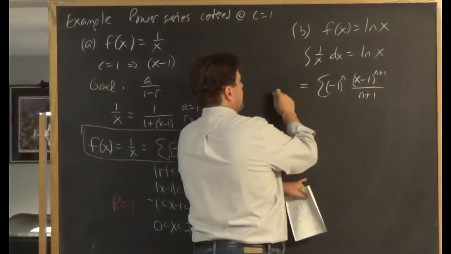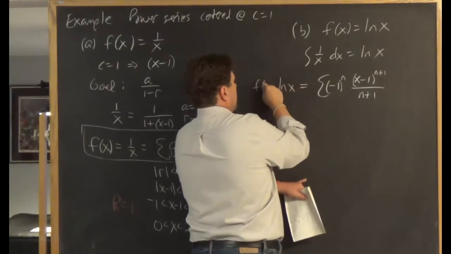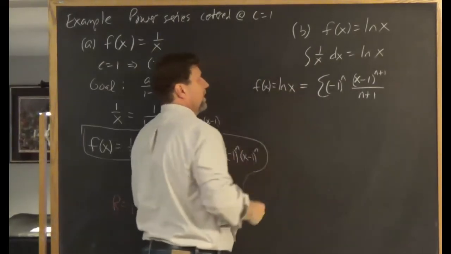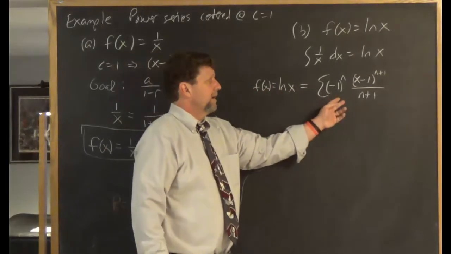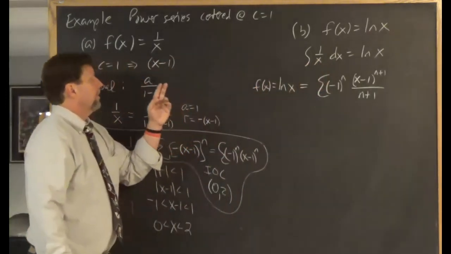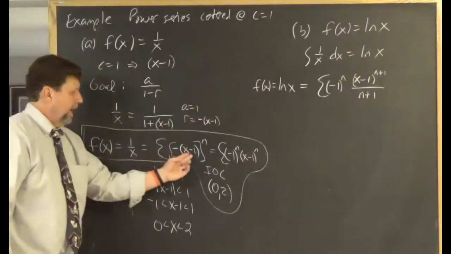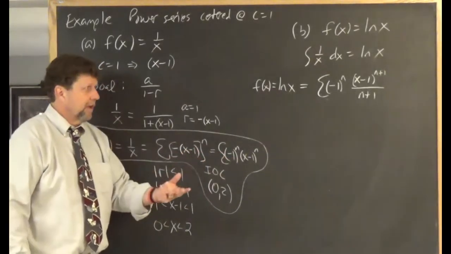This is for the function natural log x. We came up with the power series for natural log x by integrating 1 over x. The power series for 1 over x, we integrated that to tell us natural log x.